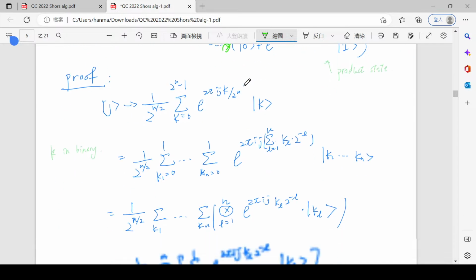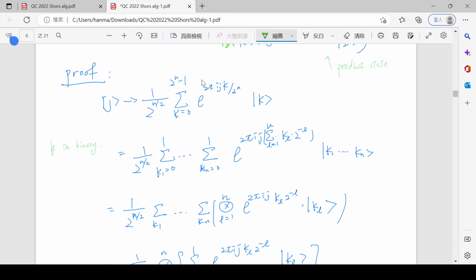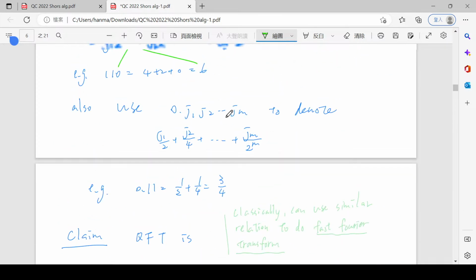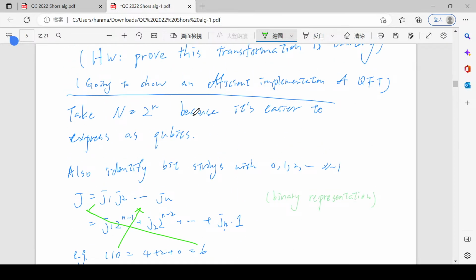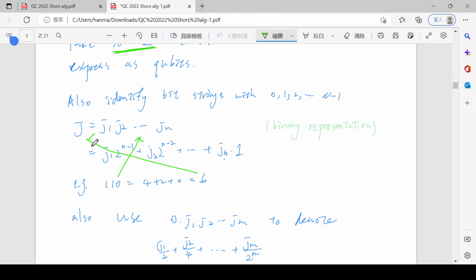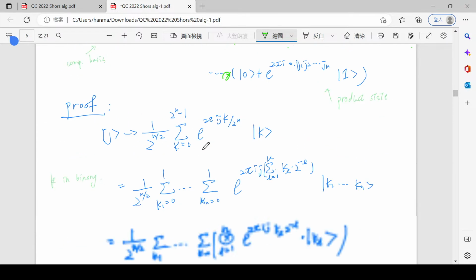And we start with what we had before. Once again we are restricting big N to 2 to the n because it makes things much easier. Because big N is 2 to the n, every j can just be written as this bit string.